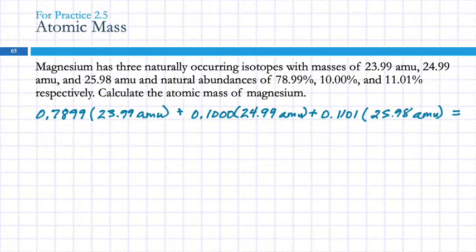And our calculators will understand if we just go left to right. So 0.7899 times 23.99 plus 0.1 times 24.99 plus 0.1101 times 25.98 equals.